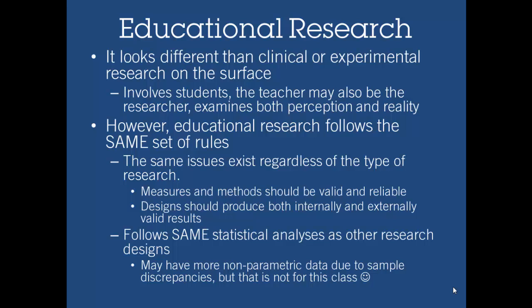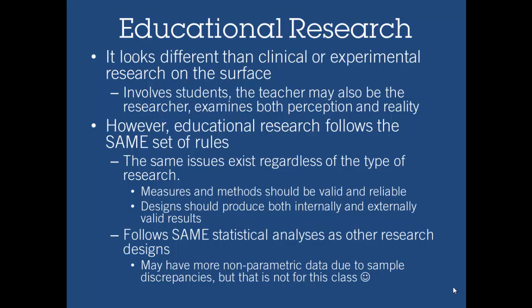Also, you need to make sure that the designs that you choose with educational research produce both internally and externally valid results. And just because we categorize something as educational research doesn't mean it's not a different category that we've already talked about. Many educational research designs are observational in nature, where you're observing a phenomenon without really any intervention.